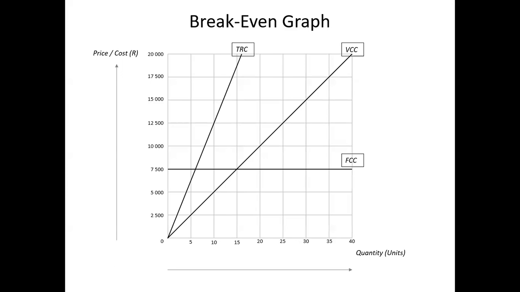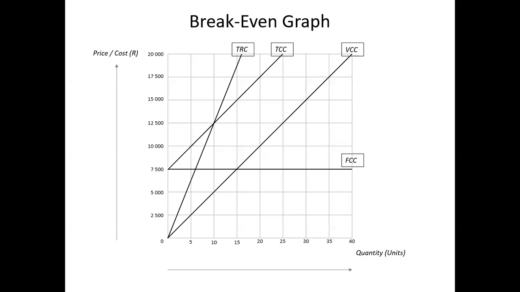And so the last line, the fourth line, will start on your fixed cost and run parallel to your variable cost. And that is, of course, your total cost curve. Now, we call all of them curves, although in this particular case, they are not really very curvy. They are just lines. Okay, and that is what you will get on your break-even graph.